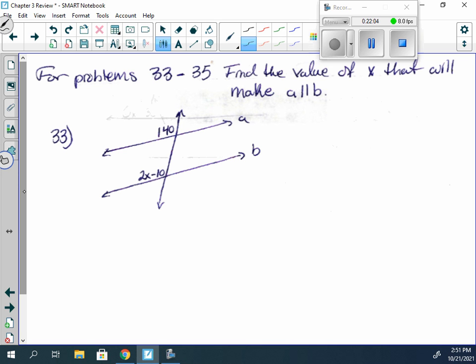33? So 2x minus 10 and 140, are they corresponding angles? Yes. So if the lines were parallel, these two angles would be congruent. They'd be the same. 2x minus 10 equals 140. Now we just need to solve for the value of x.